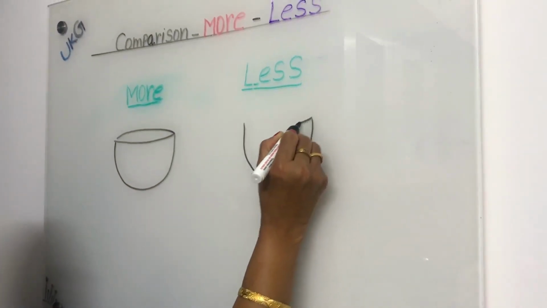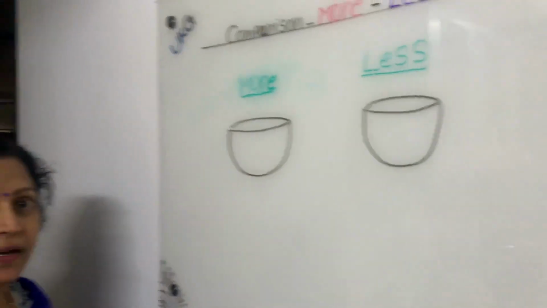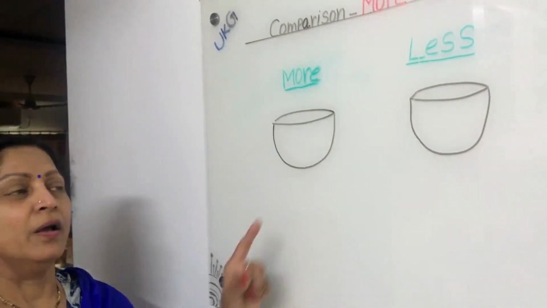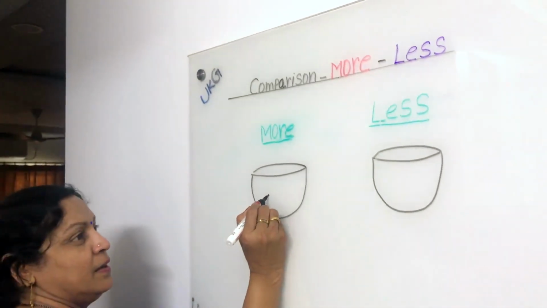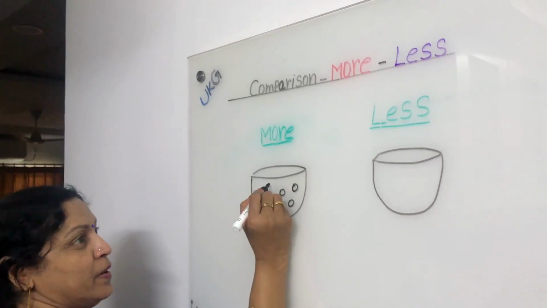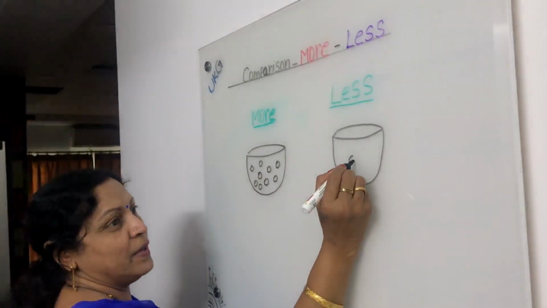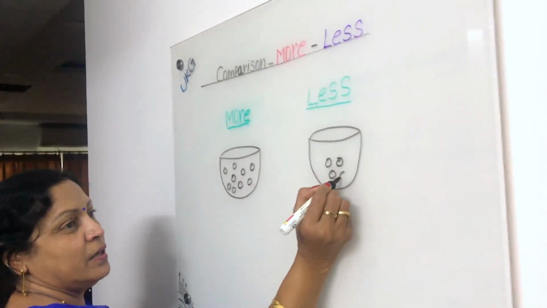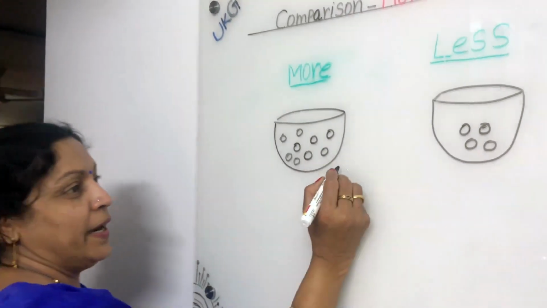In this bowl you draw more pebbles like this. Here less pebbles. Then you count the pebbles and write here.